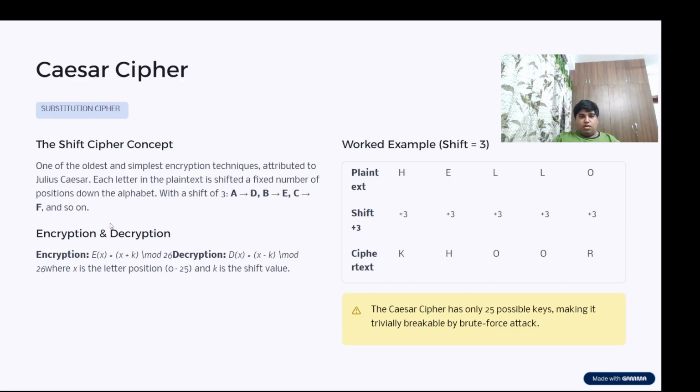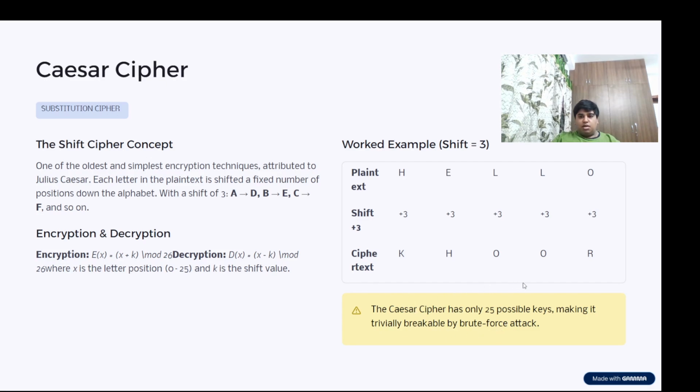Encryption can be represented mathematically as x plus k mod 26, where x is the original position and k is the shift amount. Decryption is x minus k mod 26, where x is the letter position and k is the shift value.